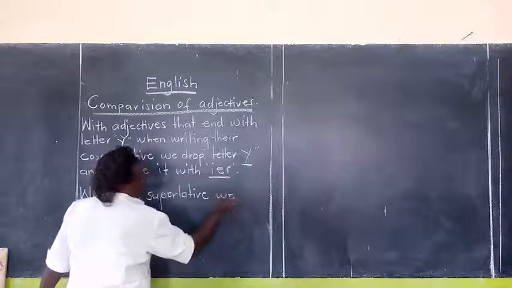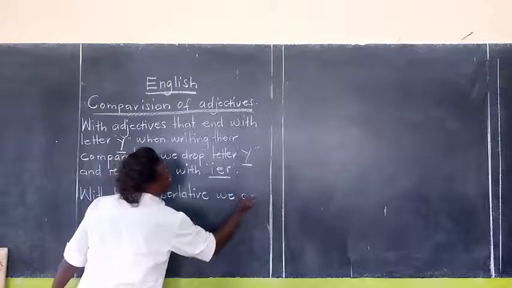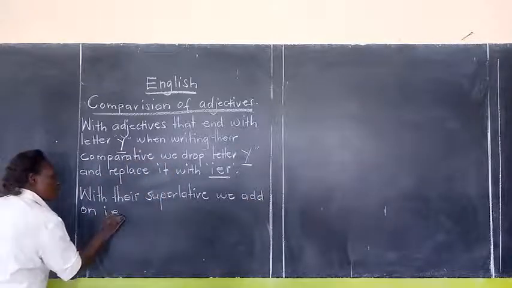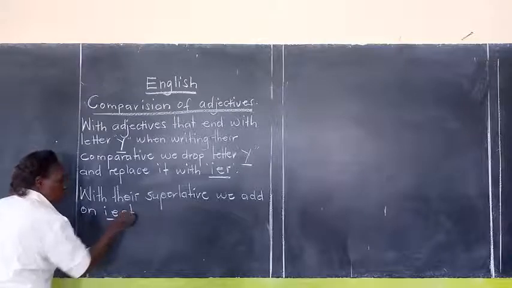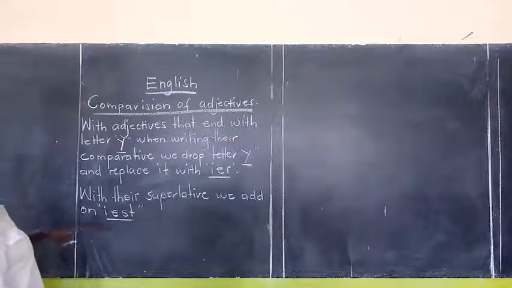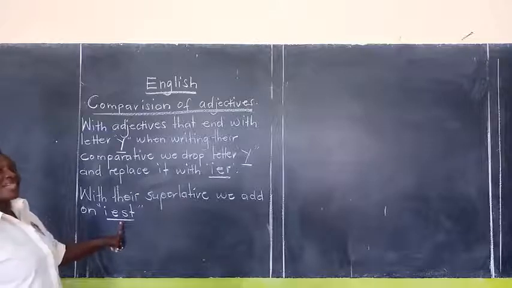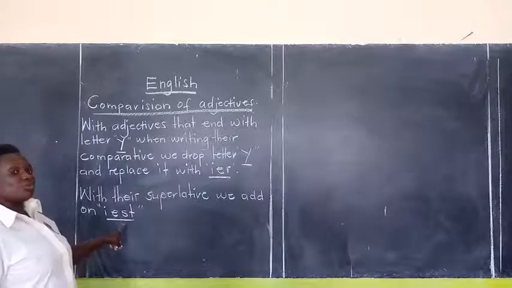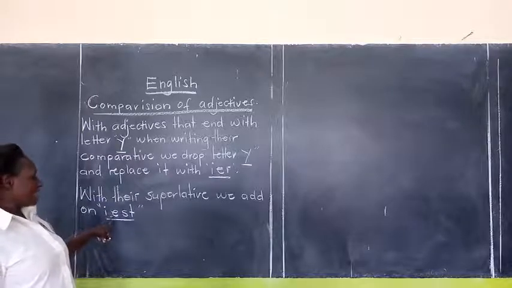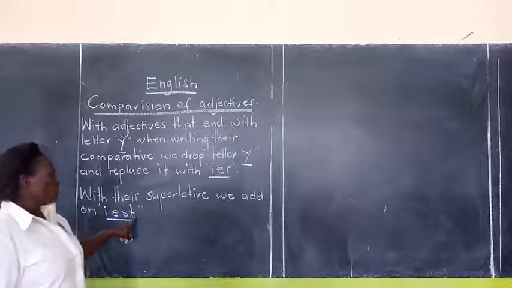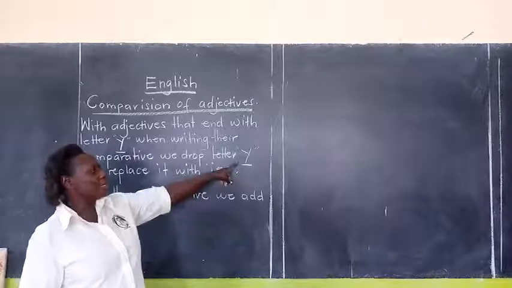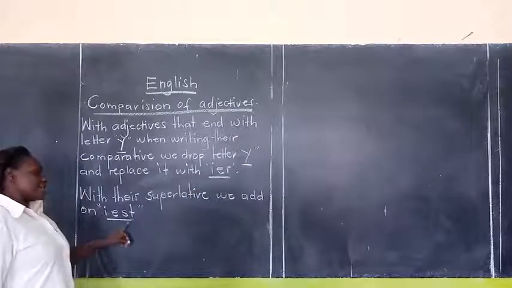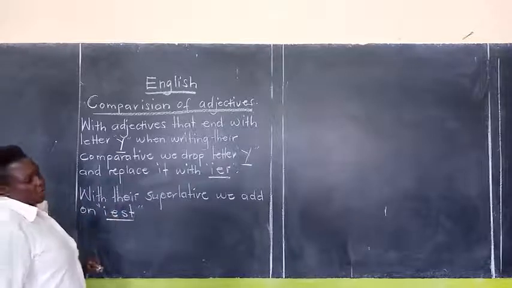If you are writing the superlative, I mean for those adjectives that end with letter Y, what you do, you replace it with I-E-S-T. You don't bring in your letter R on letter Y. Instead, you just add on I-E-S-T, as we are going to see.